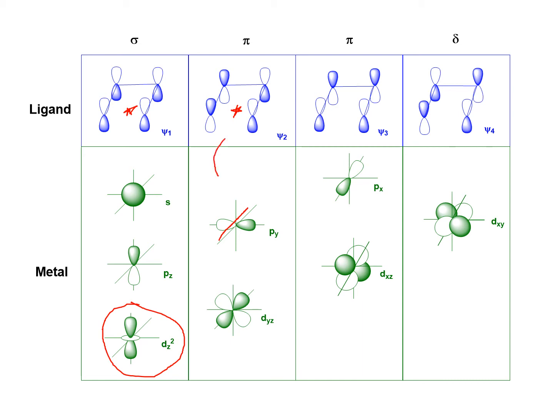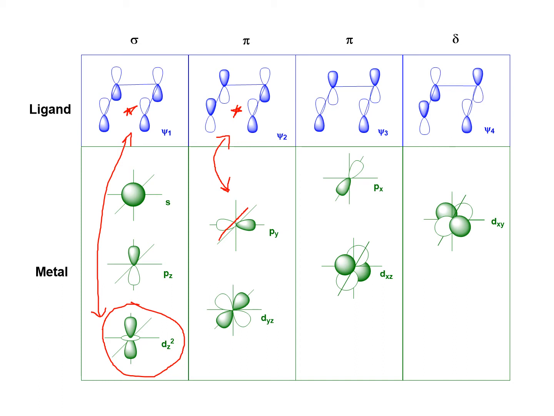But very often these two orbitals are perfectly matched in terms of symmetry, energy, and occupancy to form a nice bonding orbital. So these two will form a nice bonding combination, and these two orbitals on the metal, the py and the Psi2, will also form a nice bonding combination.